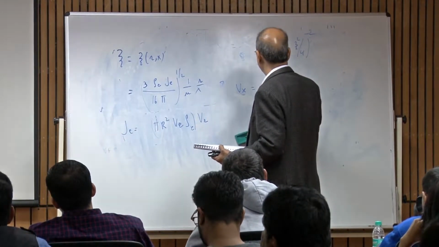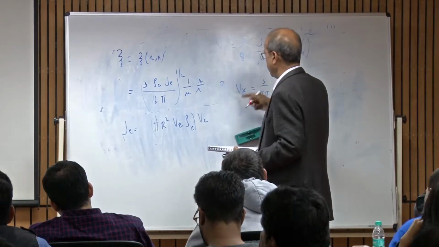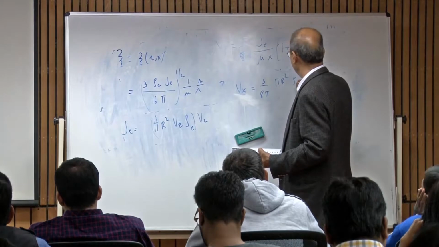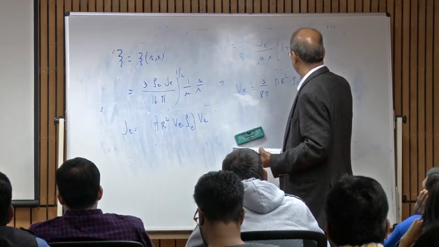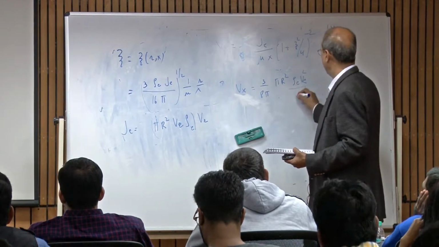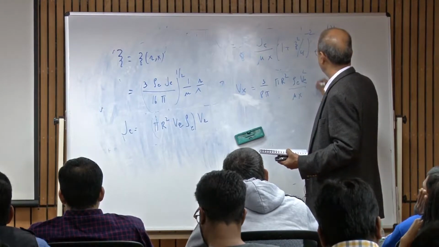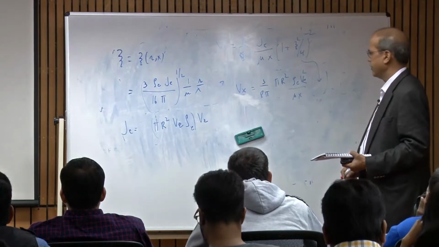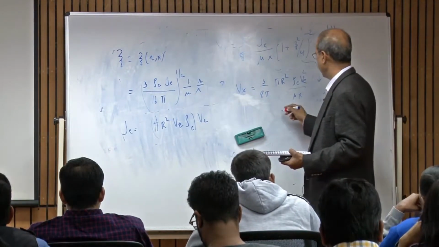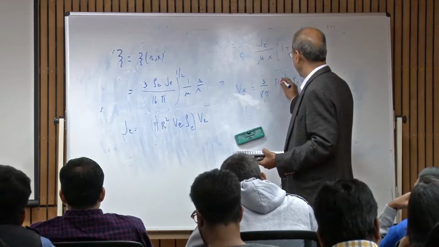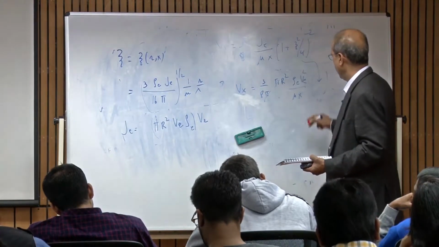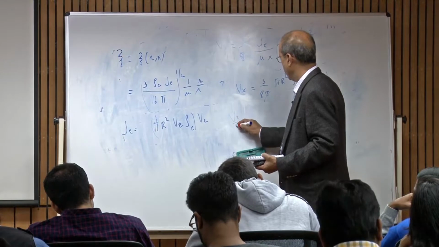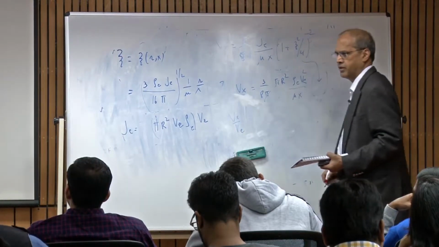So it's 3 over 8 pi. J E is pi r square rho E Ve square mu over x, and then this term, right? Now you can see this pi cancels, and I can bring this 1 Ve to make this non-dimensional.